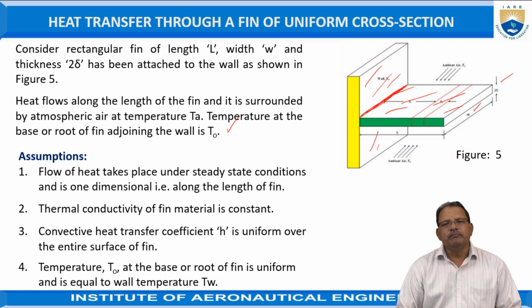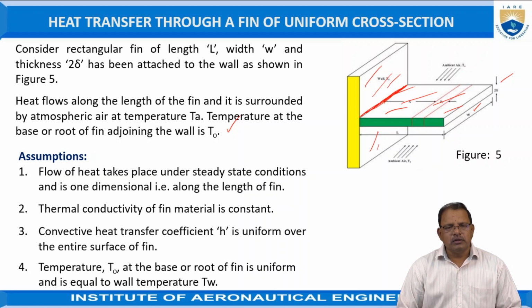While deriving the quantity of heat dissipated by the fin, certain assumptions are made. One, the flow of heat takes place under steady state conditions, which means the magnitude of heat flow per second is uniform, and it takes place in only one direction, along the length of the fin. The thermal conductivity of the fin material remains constant.